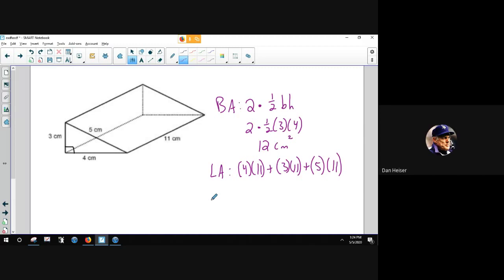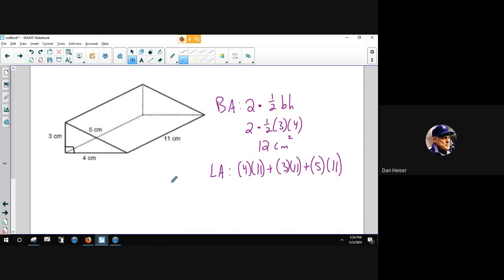Because to calculate the area of one of the walls, you take the height of the wall, in this case it's 11, times how wide that wall is. And if you put all the walls together, if you measure the width of each wall, you get the perimeter of the room, the perimeter of the base.